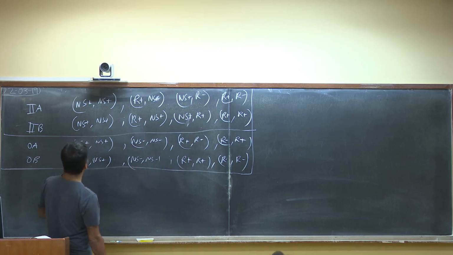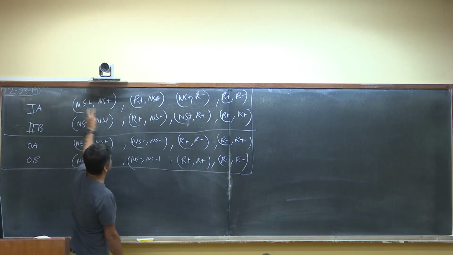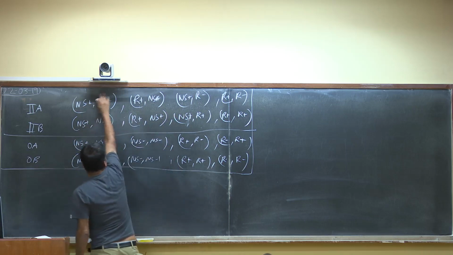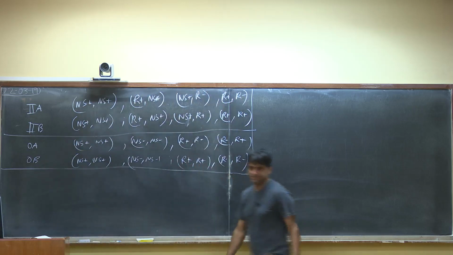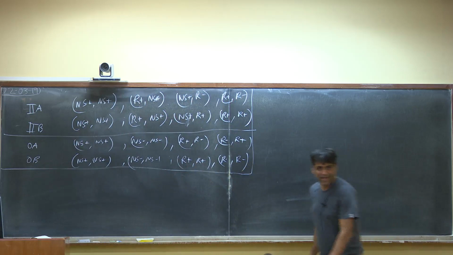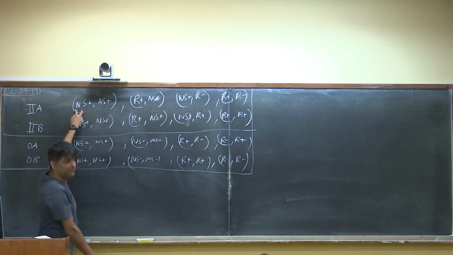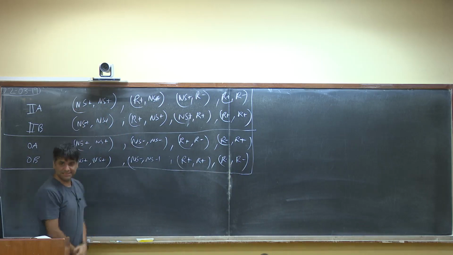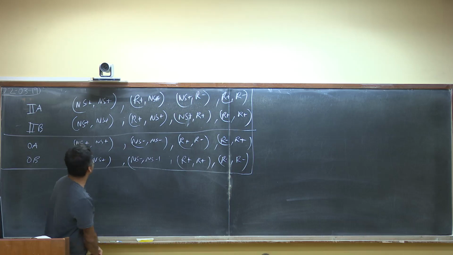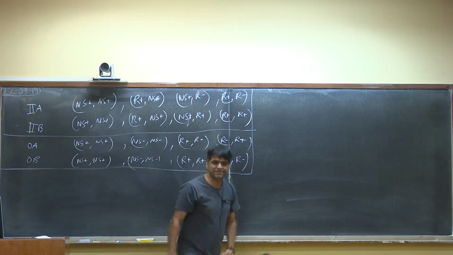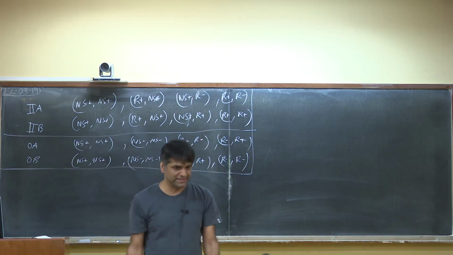The first thing to note about these two spectra is this: blank out the right moving side in your mind. You see that on the left moving side, whenever you have an NS, it's with a plus, and whenever you have an R, it's with a minus.